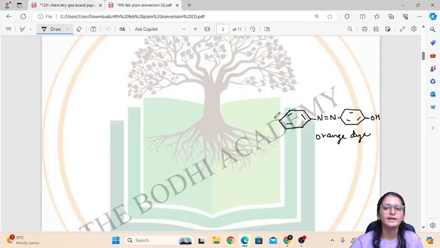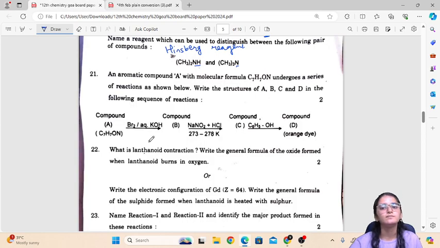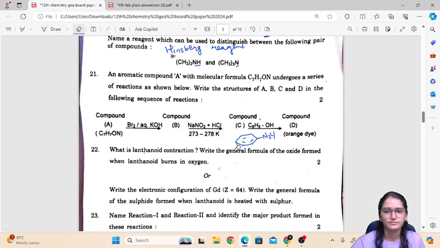So how will you get this NN? By adding which compound? So we add particularly this benzene, to which we are attaching N2Cl.